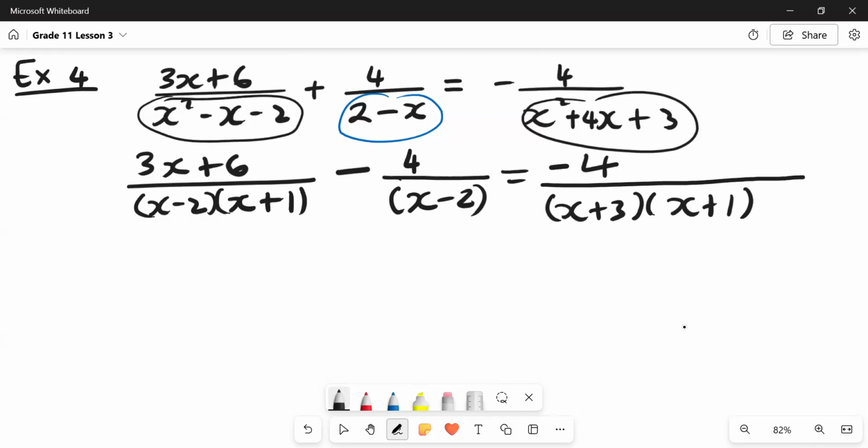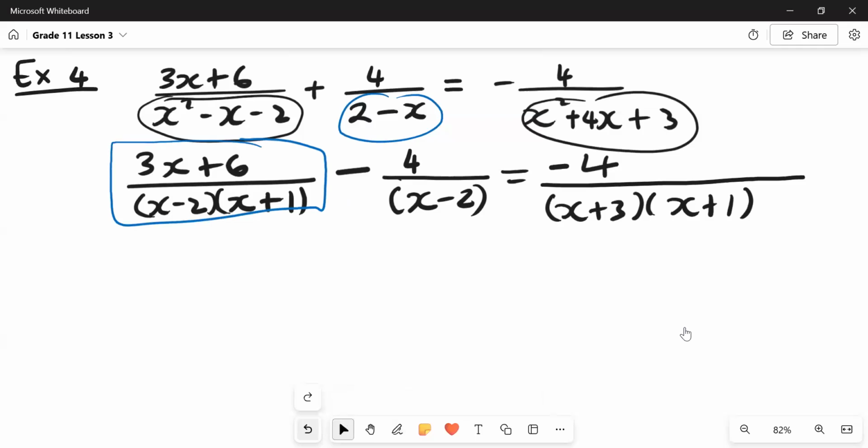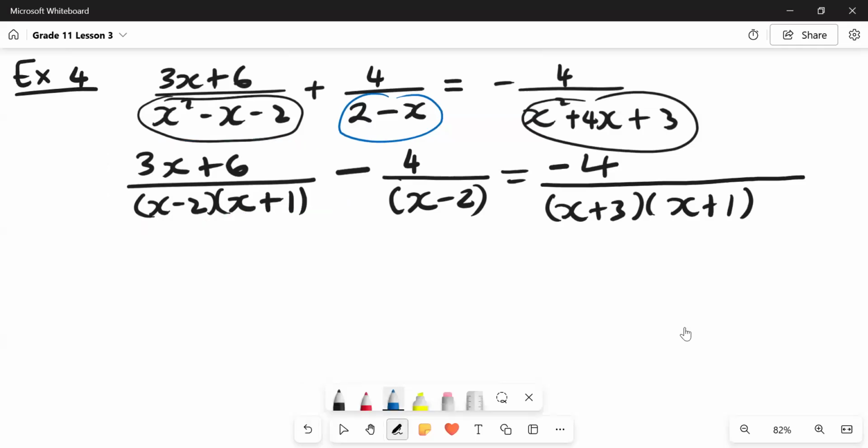Done. And again, you have to multiply everything by your LCD, right? Let me first write the LCD down for you.